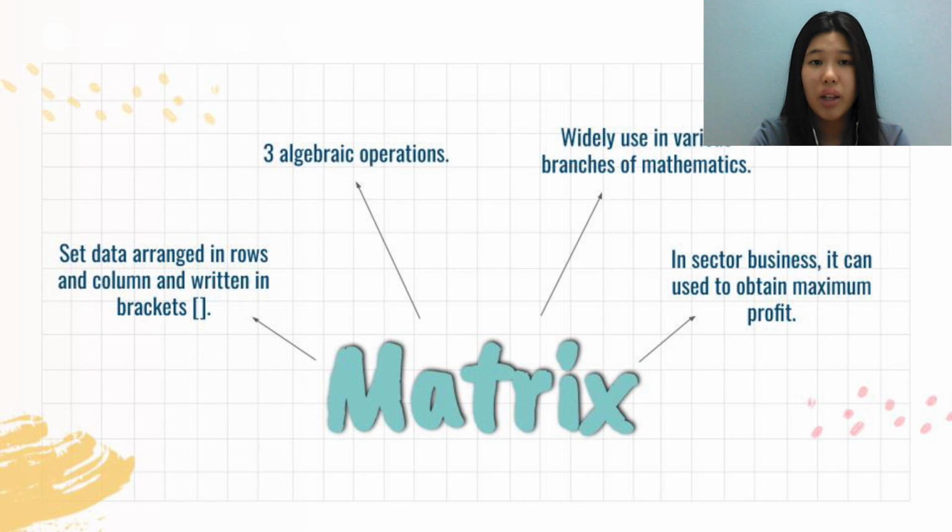Matrix operations mainly involve three algebraic operations, which are addition, subtraction, and multiplication of matrices. Furthermore, matrices are widely used in applications of engineering, physics, economics, and statistics, as well as in various branches of mathematics.